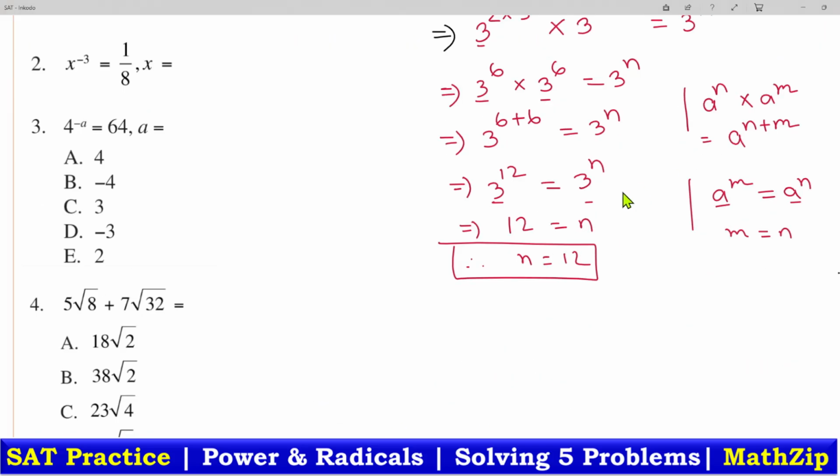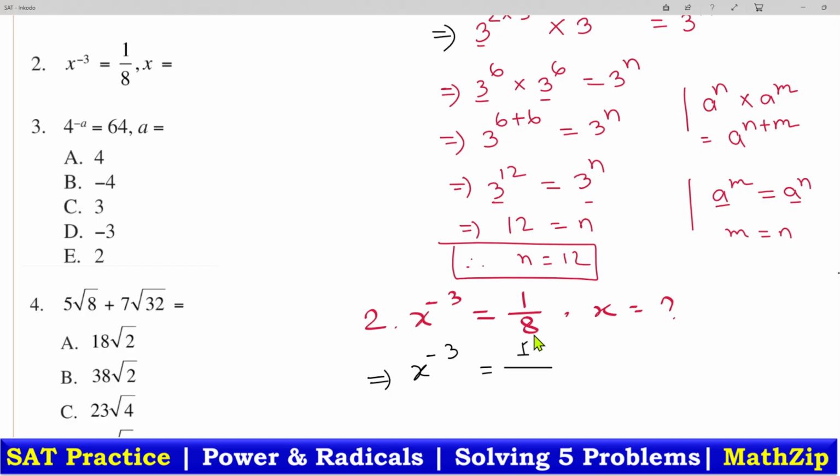Number 2: x to the power minus 3 equals 1 divided by 8. We have to find out what x equals. It's a similar thing. First, x to the power minus 3 will be unchanged.